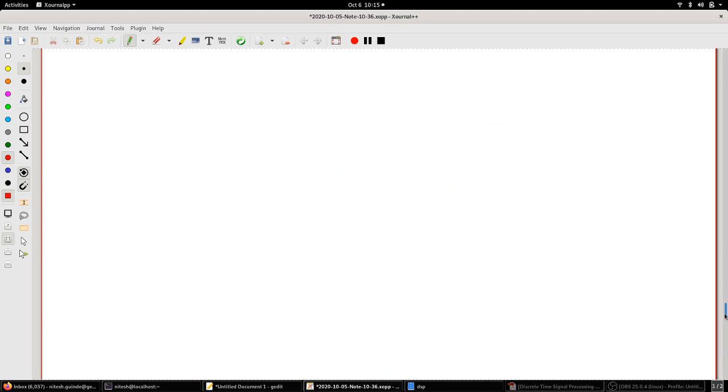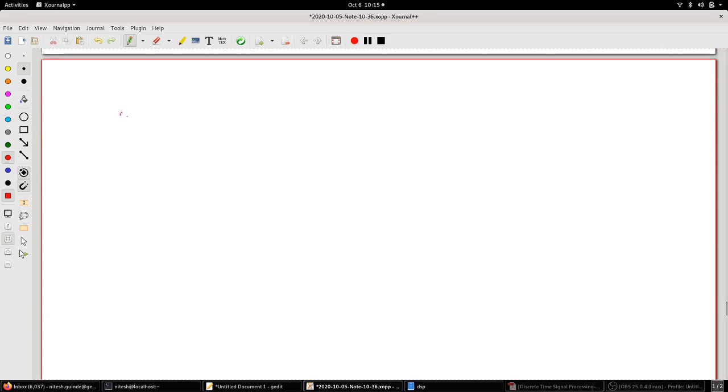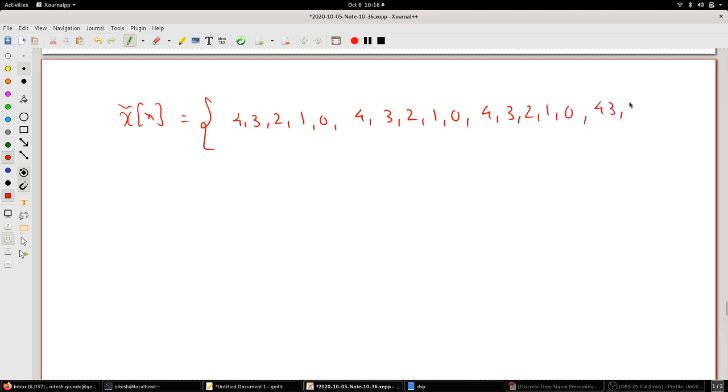Pictorially, x tilde of n was looking something like this: 4 3 2 1 0, 4 3 2 1 0, 4 3 2 1 0, 4 3 2 1 0. So let's say my 0 pointer is somewhere here. This is how the sequence is, it's periodic.